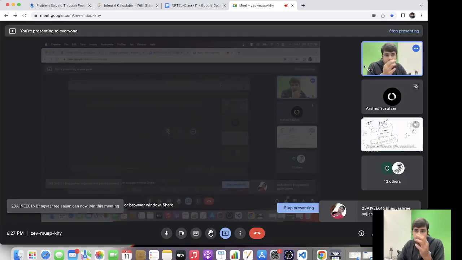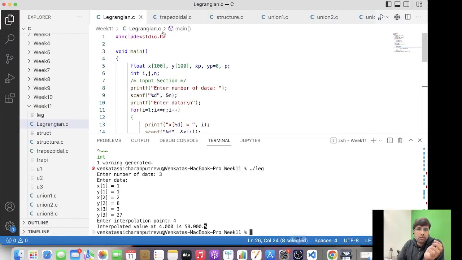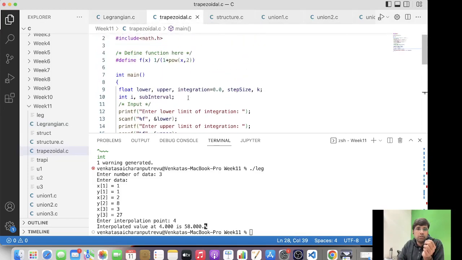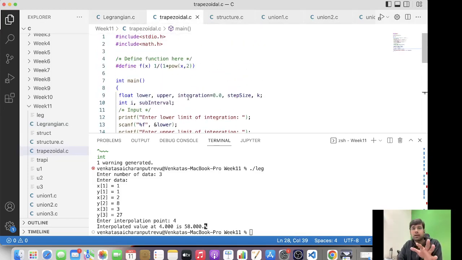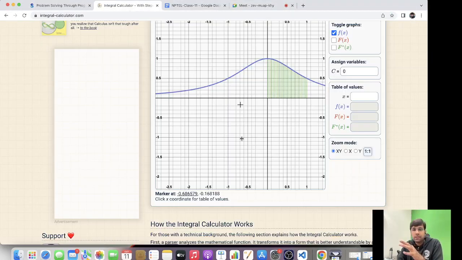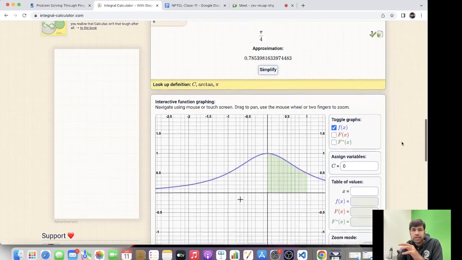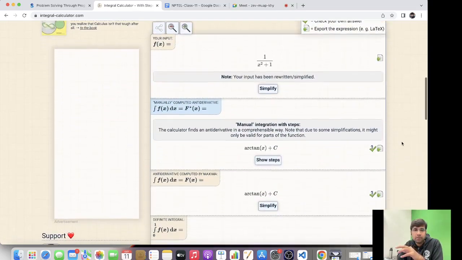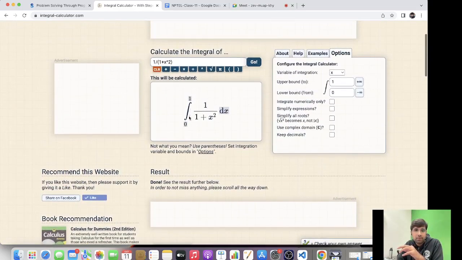Okay, whole screen is shared. Let me open this code. In this code we define, this is a preprocessor directive, we define the f of x. Before that I want to show you one more thing. As I said earlier, we are trying to calculate the limits for 0 to 1 of 1 by 1 plus x square.